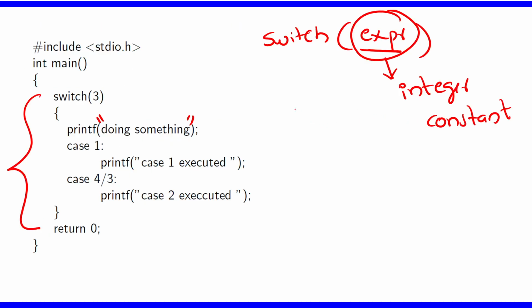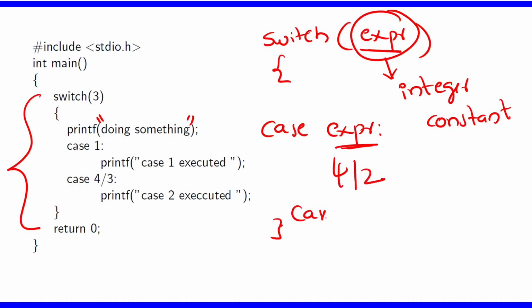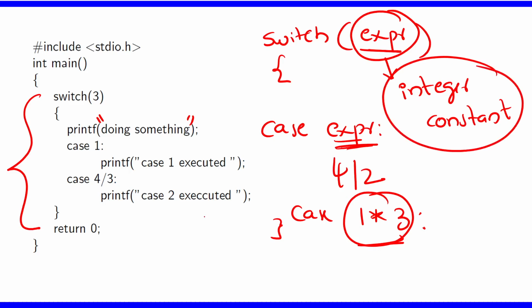That is the first point. And when it comes to the case, here we can write a case expression again. Here also you can write any expression. You can write here 4 by 2, you can write here case 1 into 3 colon, like this you can write mathematical expressions, but the output of that expression should yield an integer constant, that is the rule.